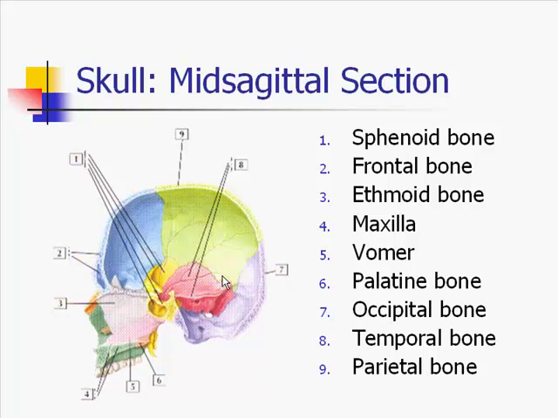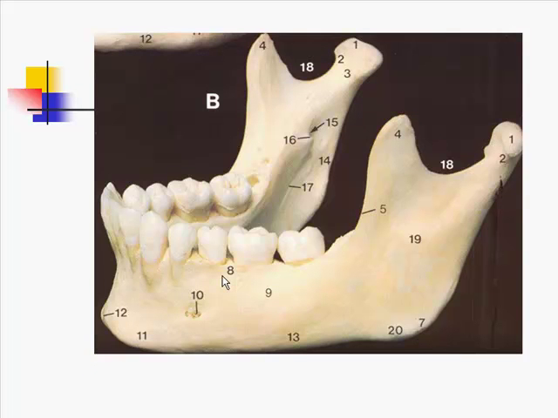Remember, the sinus is the air space. 2, the frontal bone. They're also pointing to, if you can look, there's a little space there, that's the frontal sinus. On number 8, the temporal bone, they were pointing to the squamous and petrous sections.